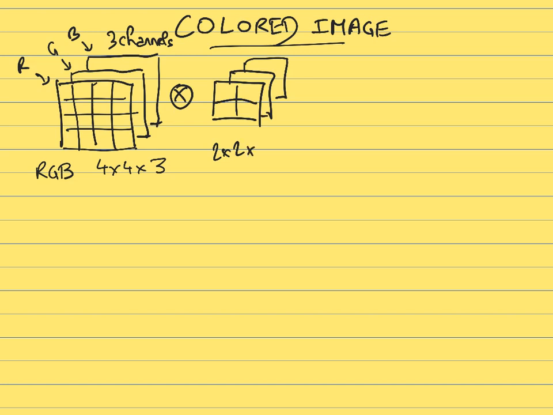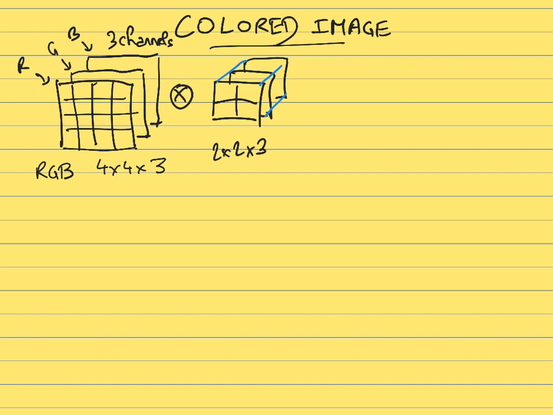So you will need to add the same kind of thickness, the same kind of channels within your filter. After this, the operation will still be the same. The main difference is that rather than being a two-dimensional object, your filter now becomes a three-dimensional object, like some kind of small cube.